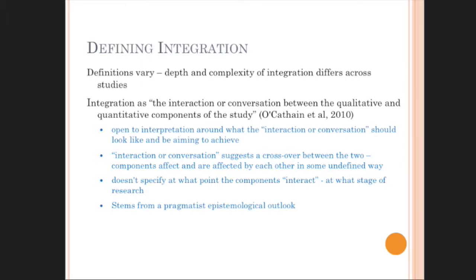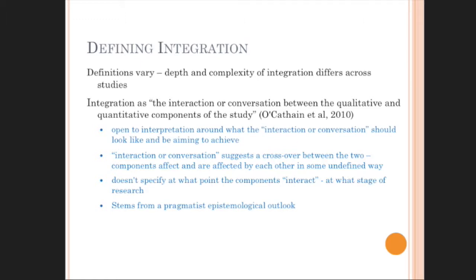They suggest that integration is more of the particular practical relationship between different methods, different data sets, different analyses, and different findings. And they then separate triangulation to be a particular epistemological way of looking at mixed methods.